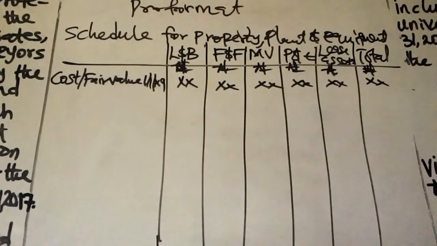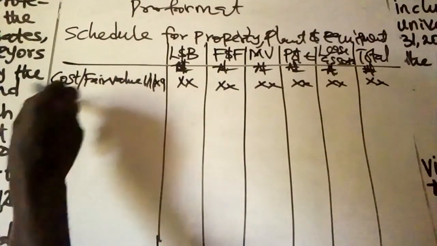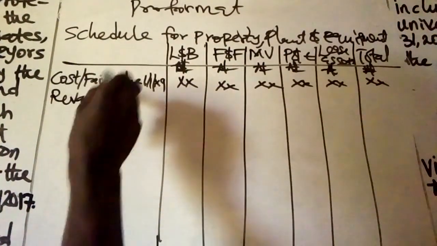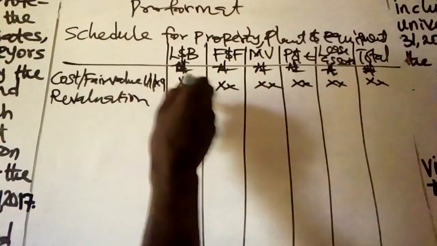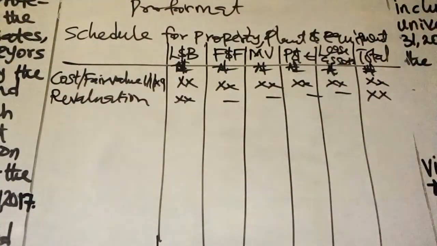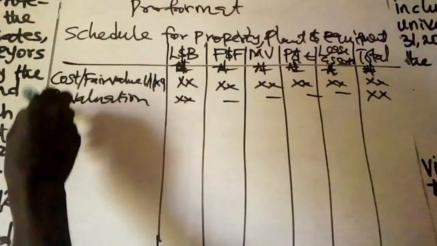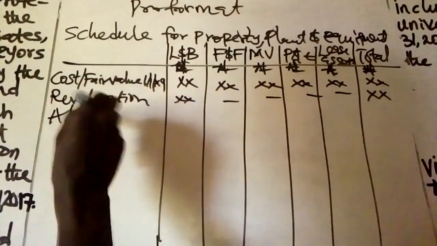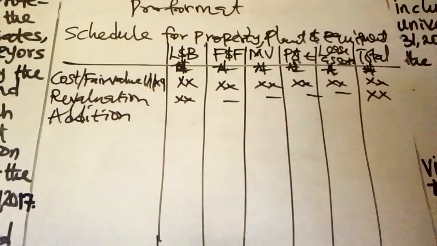Then if you have revaluations, suppose land and building is revalued, then you have revaluation. Then addition. By addition we mean acquisition or purchase.